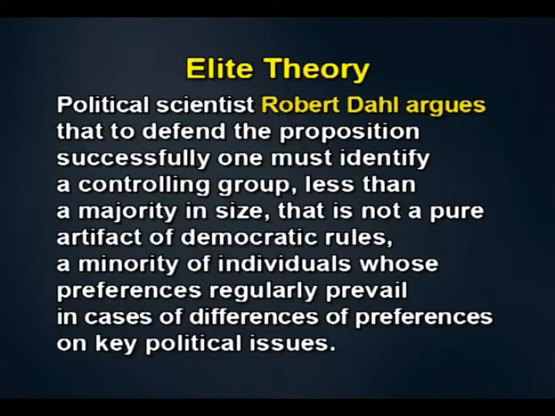Political scientist Robert Dahl argues that to defend the proposition successfully, one must identify a controlling group less than a majority in size that is not a pure artifact of democratic rules, a minority of individuals whose preferences regularly prevail in cases of differences of preferences on key political issues.